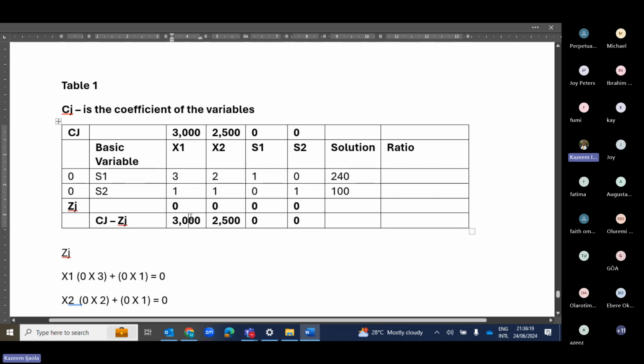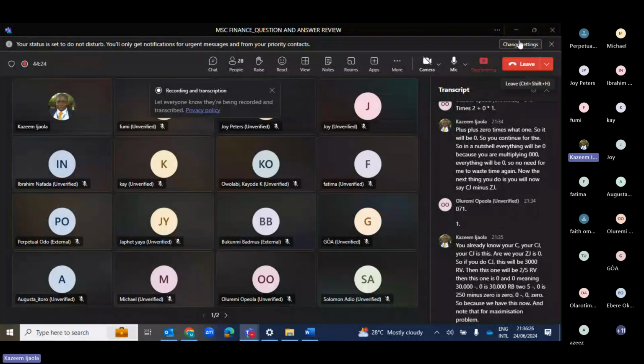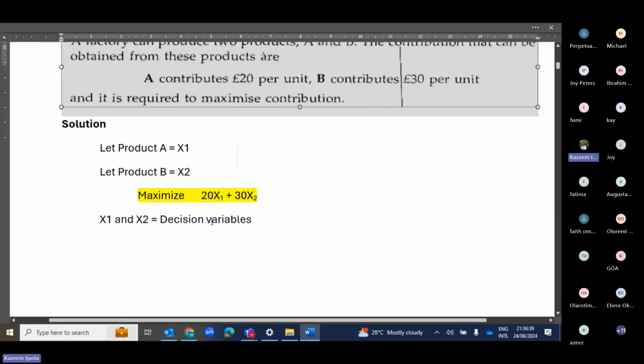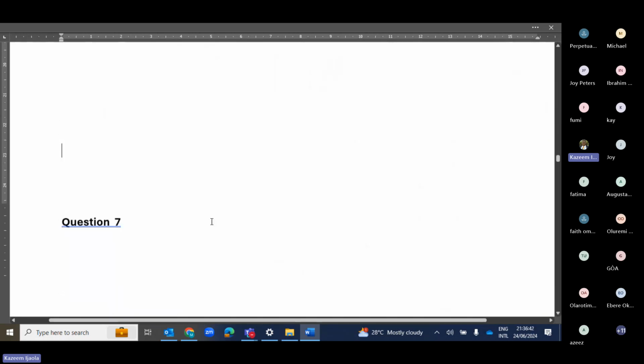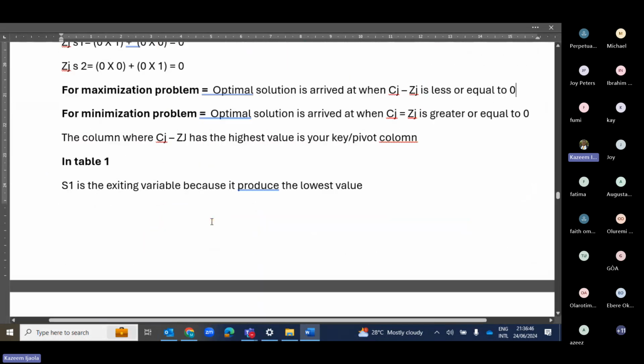So because we have this now, and note that for a maximization problem, your Cj minus Zj must either be equal to 0 or negative. I repeat, for a maximization problem, I gave you the rule. This is the rule.